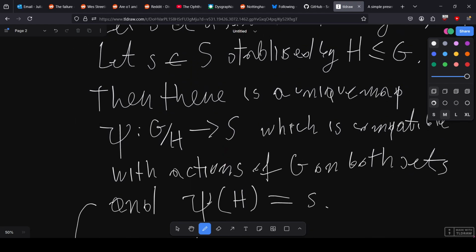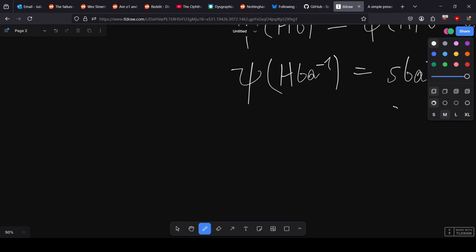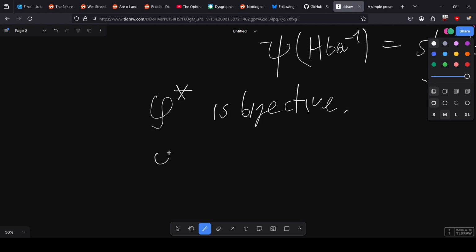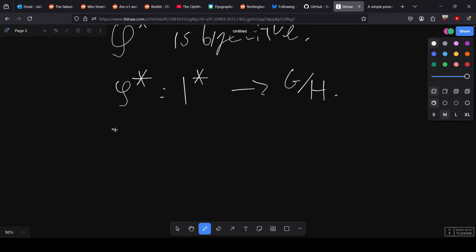Now, this is where things get very funny. The point is that we now want to prove that our map phi star is bijective. Notice that phi star goes from our final set of indices into G quotient H. But what we can do using the lemma above is define a map which goes in reverse.